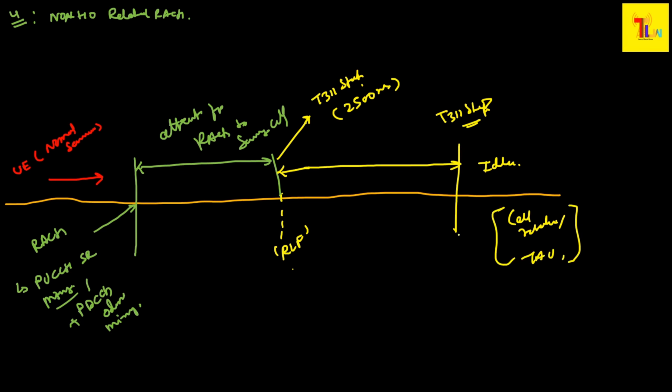So these are the four basic scenarios where the UE is detecting the RLF. If you talk about eNodeB detected RLF, the eNodeB also detects or initiates radio link failures.